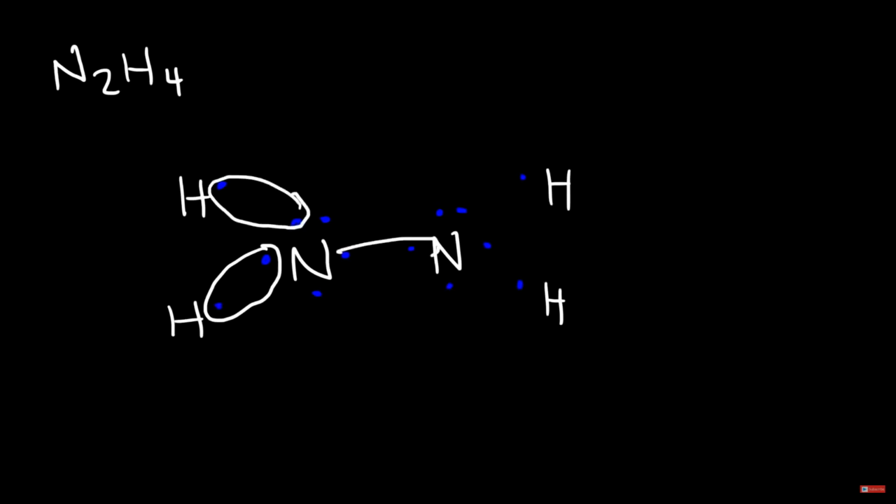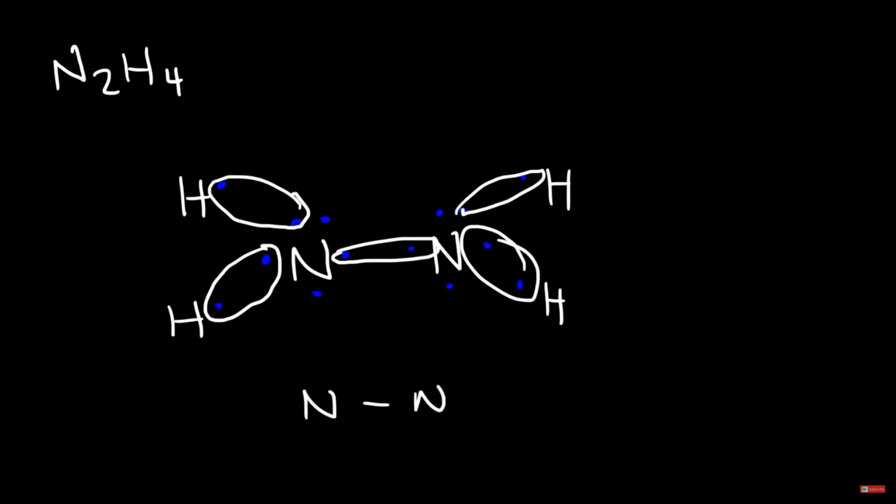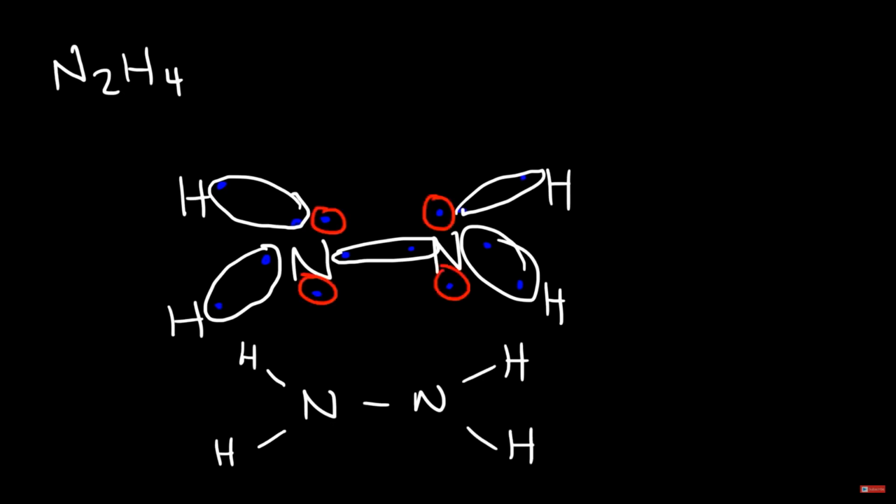That's the 3rd bond. That's for the first nitrogen. These 2 can form a bond, and those 2 can form a bond. So right now we have a structure that looks like this. And as we can see, each nitrogen atom has 2 electrons left over, which we can draw as a lone pair. So that's the Lewis structure of hydrazine, N2H4.